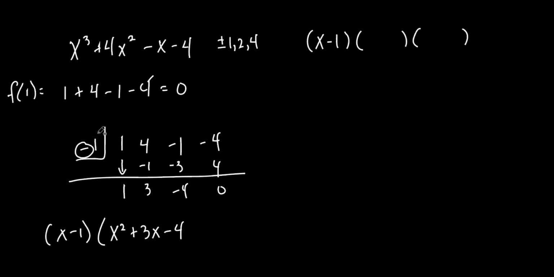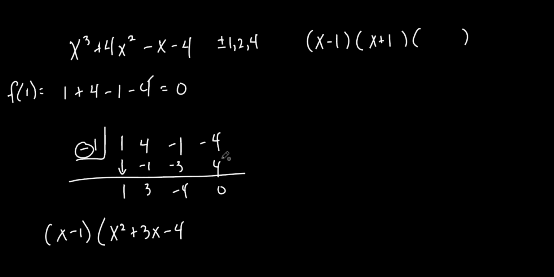Because we know that x minus 1 works, and we did the division with a positive 1, so you know that x plus 1 is going to be 1, isn't it? And then, let's see. What's that? X plus 4 is the other one? Okay, so I just messed up, because I'm going to have to do another division to find it.